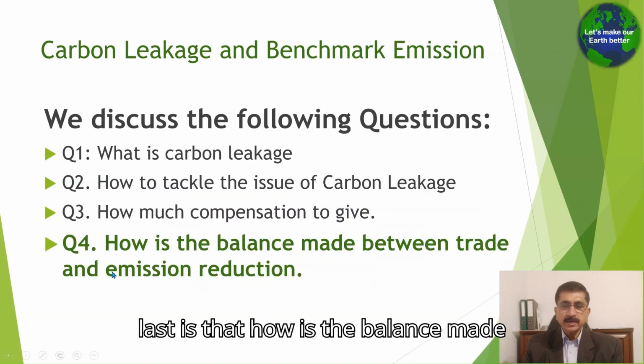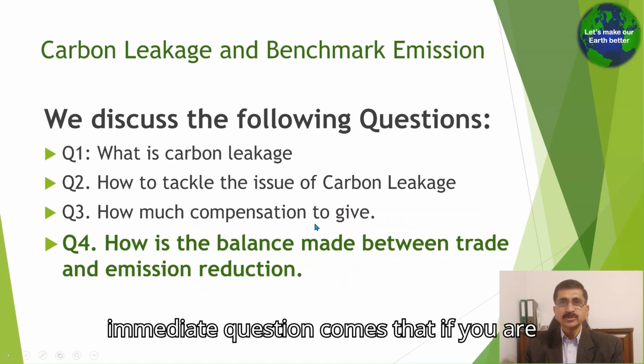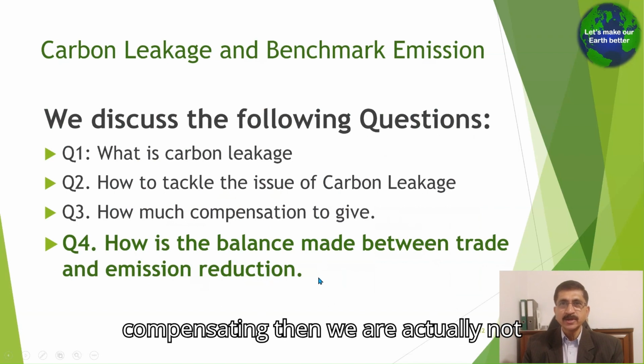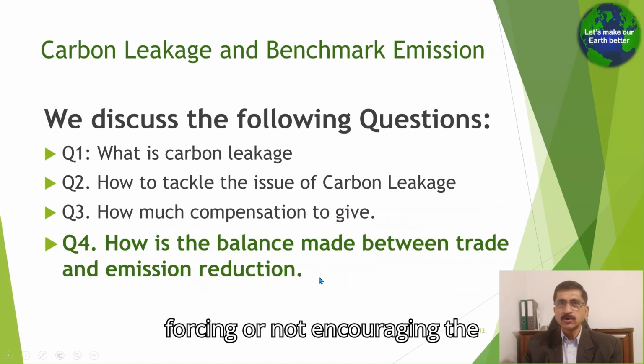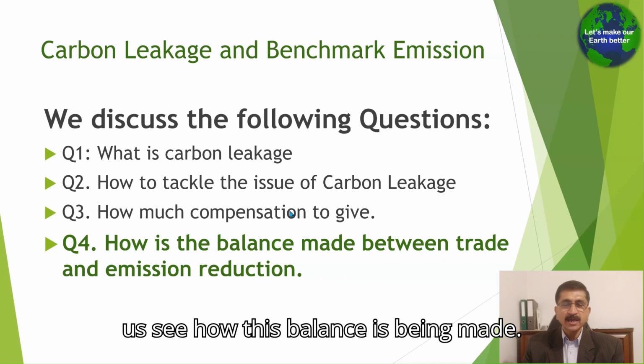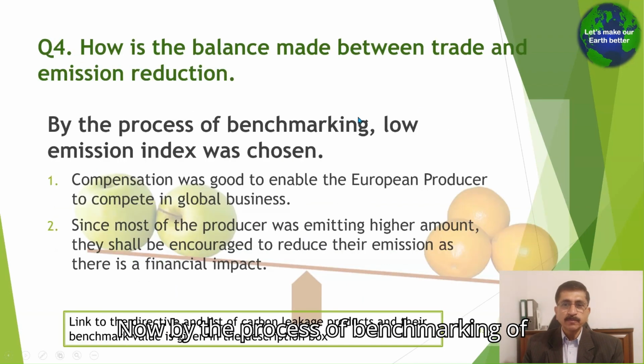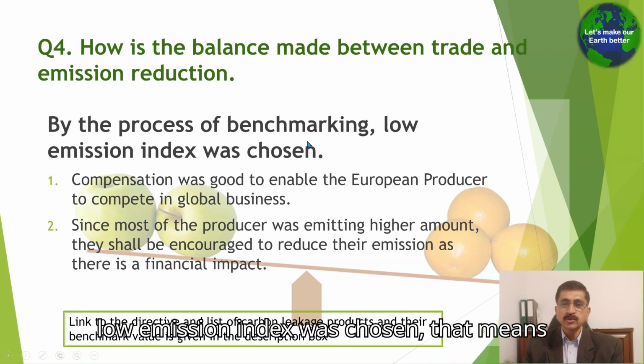Now the last is how the balance is made between trade and emission reduction. The immediate question comes that if we are compensating, then we are actually not forcing or not encouraging the industries to reduce their emission. Let us see how this balance is being made. By the process of benchmarking, a low emission index was chosen.